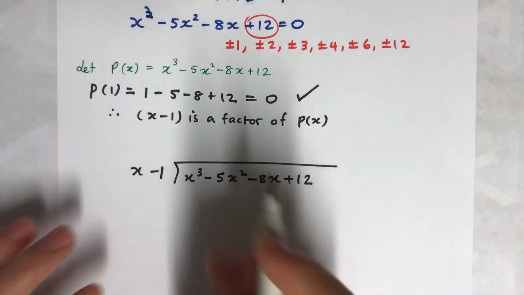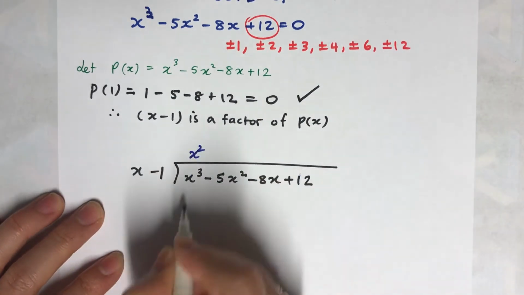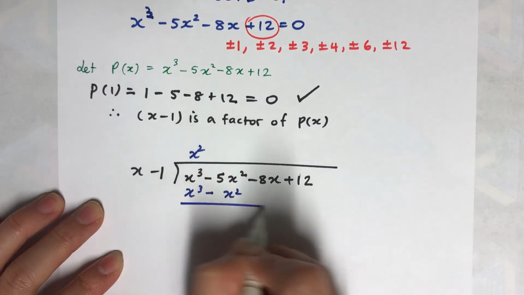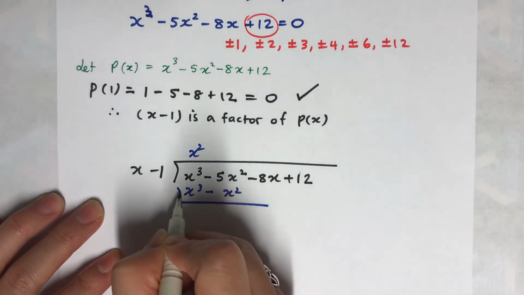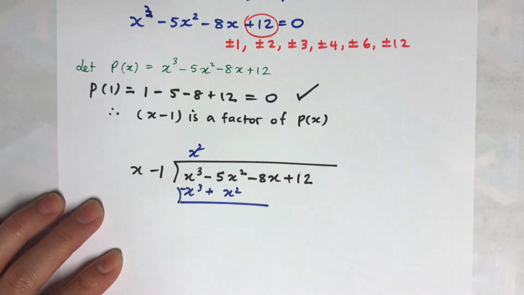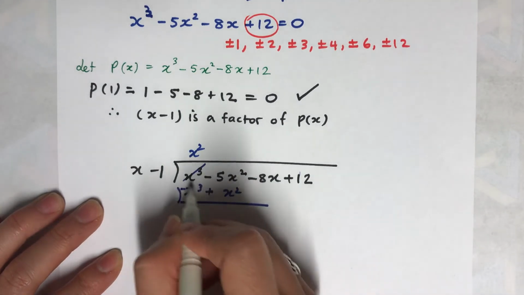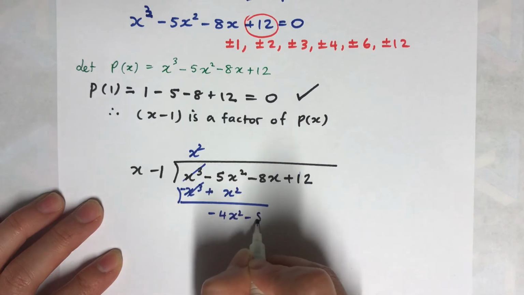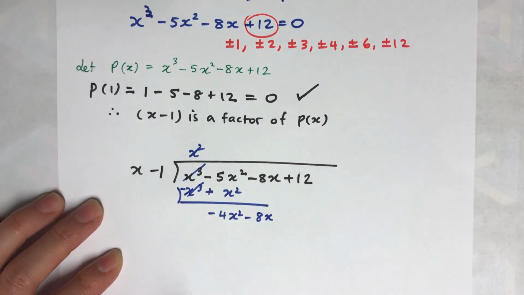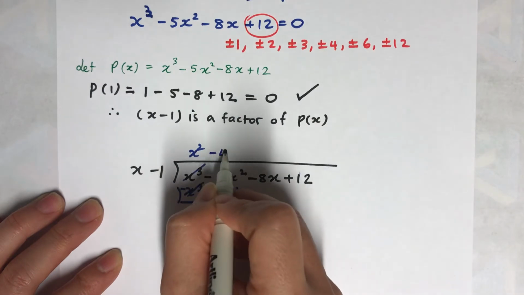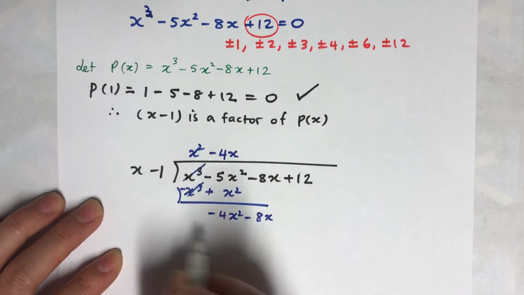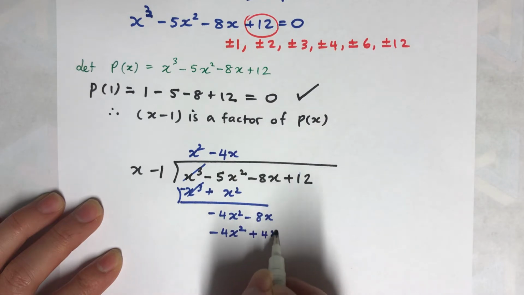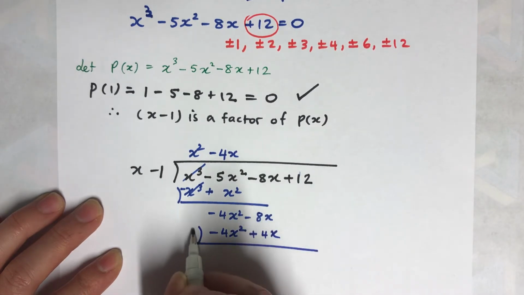How many times does it go? x squared. Now when I do this, I'll just put minus there, plus there, and that'll cancel out. What I got is minus 4x squared minus 8x. And then I'll go minus 4x, then I'll get minus 4x squared plus 4x, and I'm going to take it away.